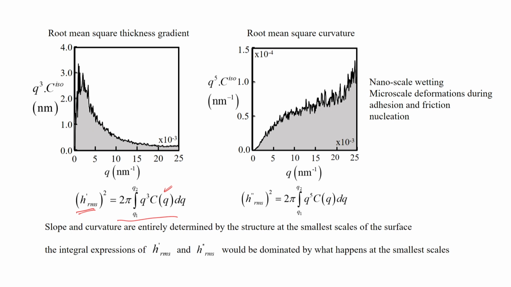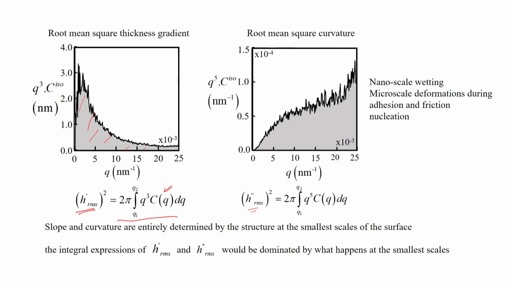As you can see now from this plot, it also estimates the area under this particular curve, and therefore it takes into account even smaller features. And when you go to the curvature, the root mean square curvature, it is the very small scale features that become more dominant. So h dash RMS, h double dash RMS, that is the root mean square curvature. So that has the information about these very small features of the surface.